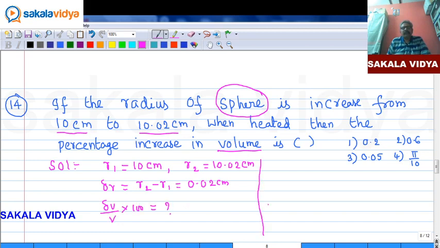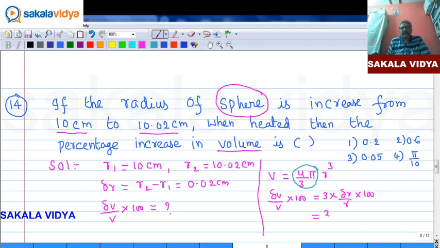So volume of the sphere V is equal to 4 by 3 pi r cube. Here 4 by 3 pi is constant, dimension of r is 3. So this can be written without any differentiation, delta V by V into 100 is equal to 3 times delta r by r into 100.